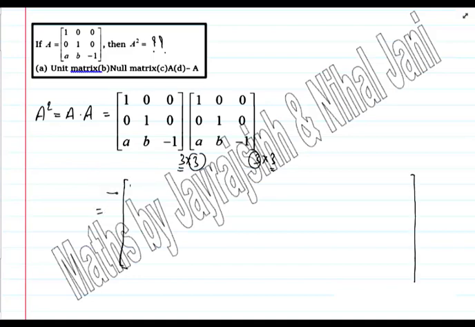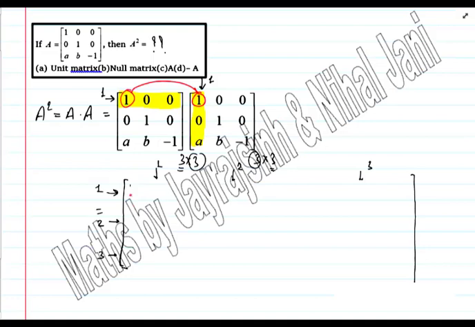So we will have 1, 2 and 3 rows and 1, 2 and 3 columns. Okay, so let's find out the first element, which is in the first row and first column. So first of all, we have to select first row and first column, right?